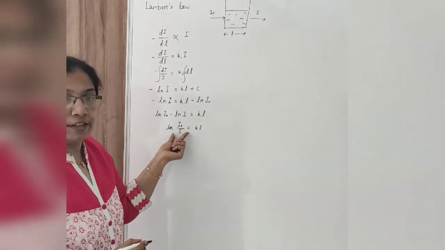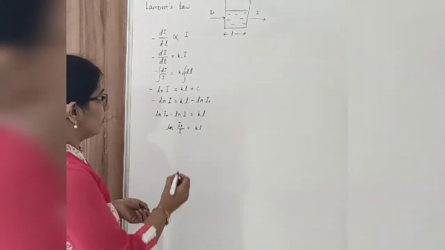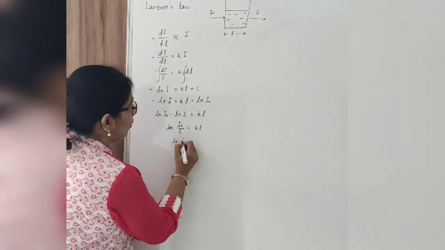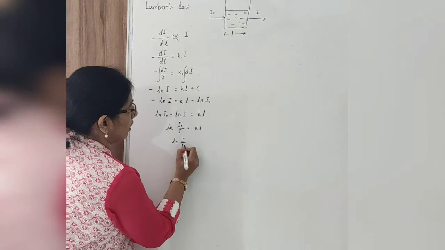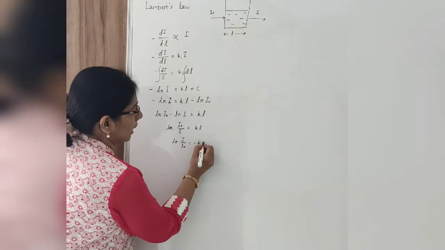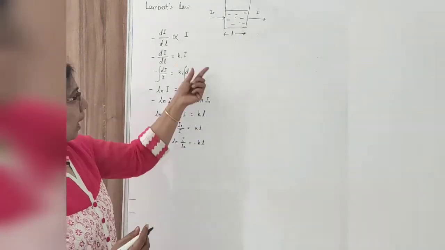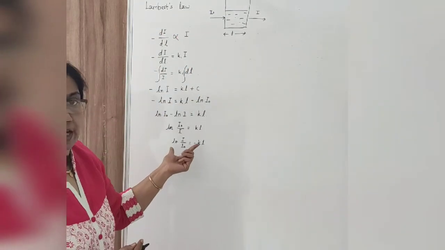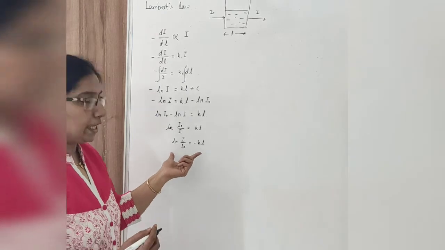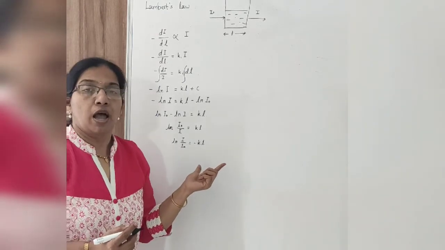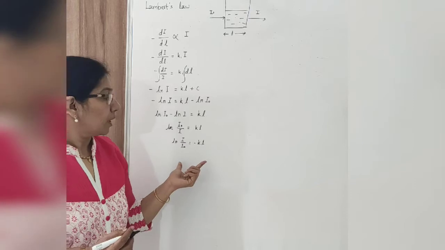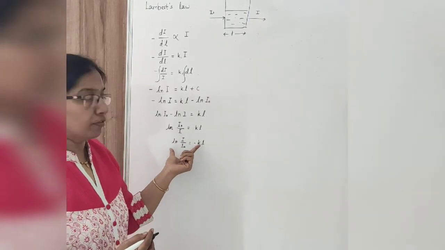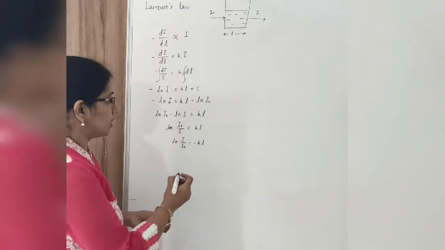But since we are interested in the transmitted light, we will take its reciprocal, that is ln I upon I0 is equal to minus KL. As stated by Lambert's law, when a monochromatic radiation passes through the absorbing solution, there is an exponential decrease in the intensity of transmitted light.